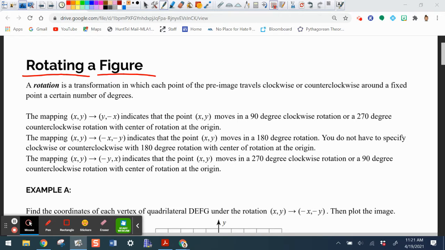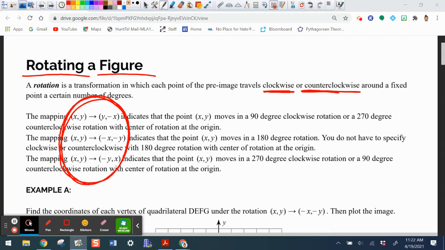There's a couple key words in here. We're going to use the terms clockwise and counterclockwise pretty heavily. We're going to be talking about a certain number of degrees. I will say that unlike the reflection, these functions that you see here, probably wise to study those.